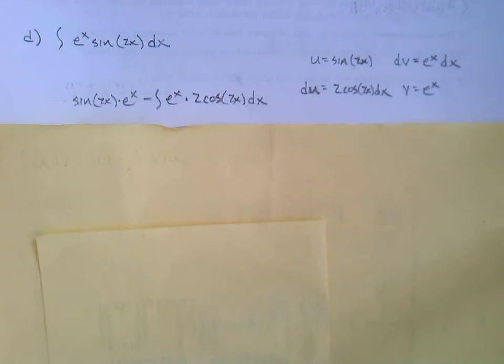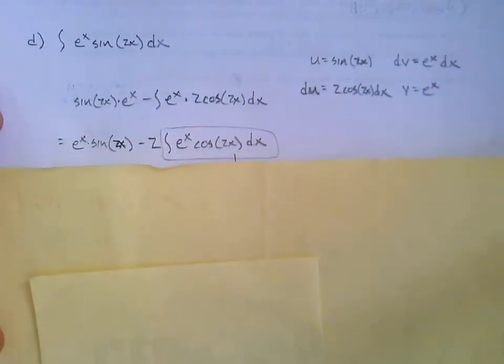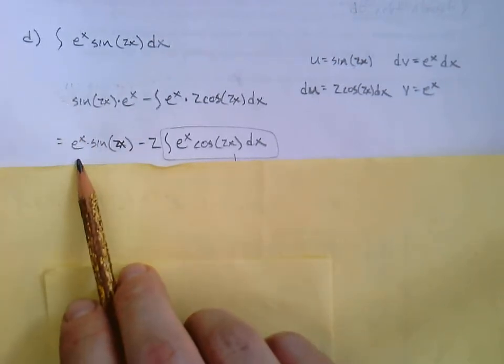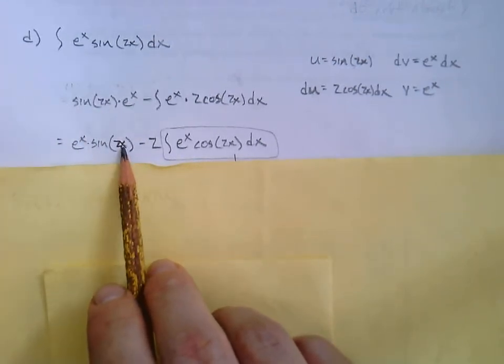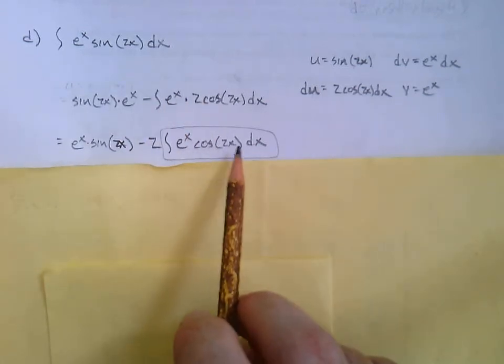Let's clean this up a little bit and see if we're going in the right direction. You see I've circled the new integral. I'm going to put the e to the x in front: e to the x sine 2x minus, bring that 2 out, the integral of e to the x cos 2x dx.